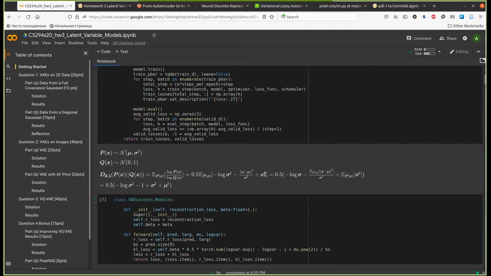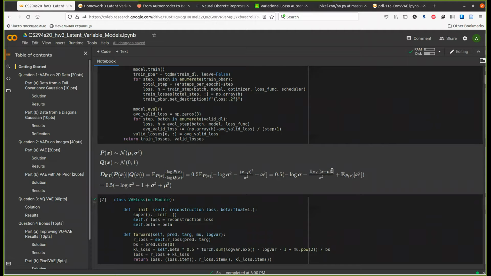And this one comes from the standard normal, so mean equals 0 and standard deviation equals 1, right? We want to take an expectation under P of x of this sum, and that would be the expectation of x minus mu squared over sigma squared.